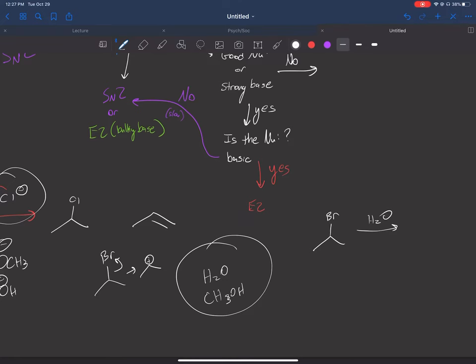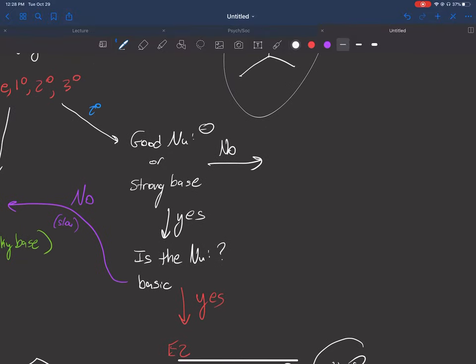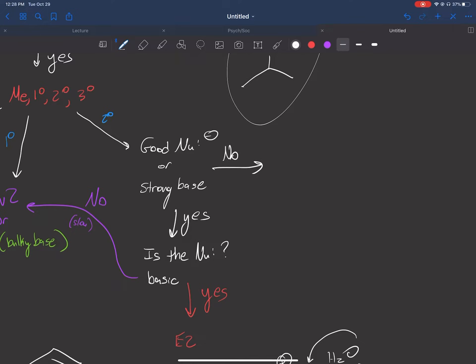If I wrote heat, which oftentimes you'll see as this delta symbol, that will favor the elimination reaction a little more. Because it's weak, we're going to get the carbocation, and then this will grab the H, giving us this. So if we answer no to this, it's not a good nucleophile or a strong base, then we're going to say, okay, well, heat.